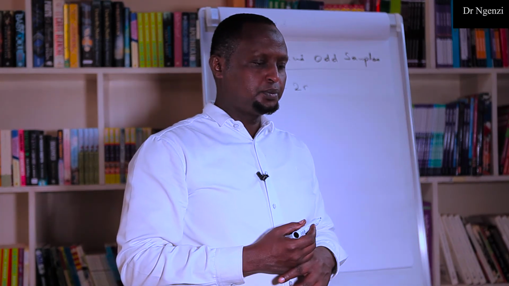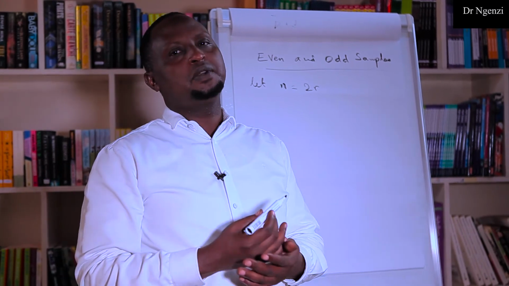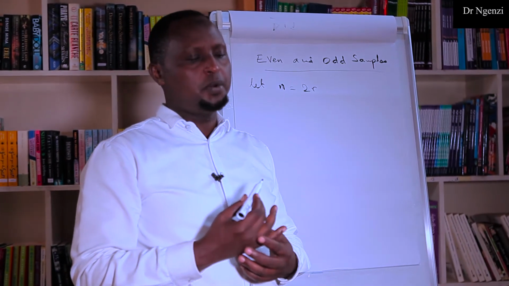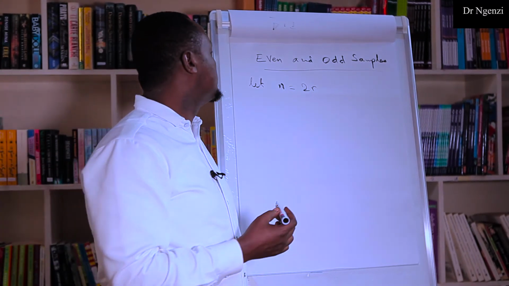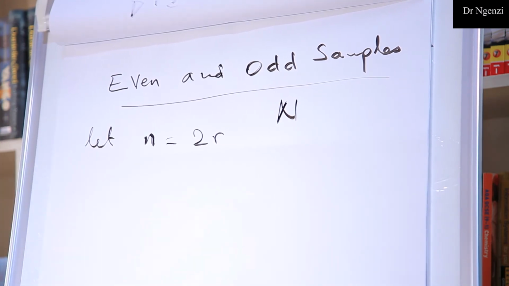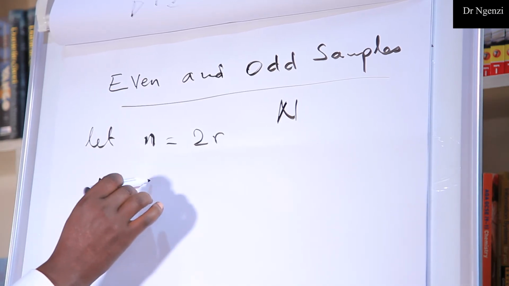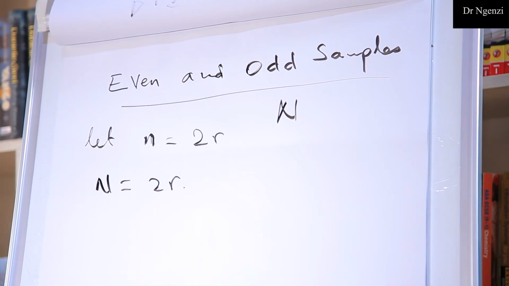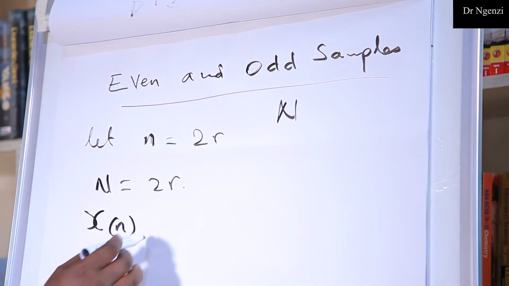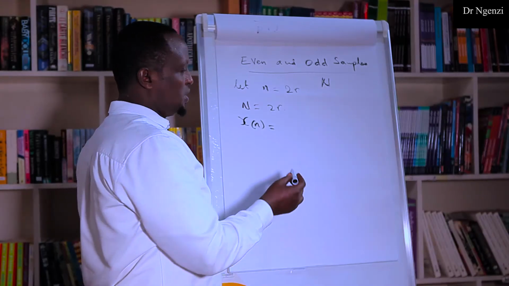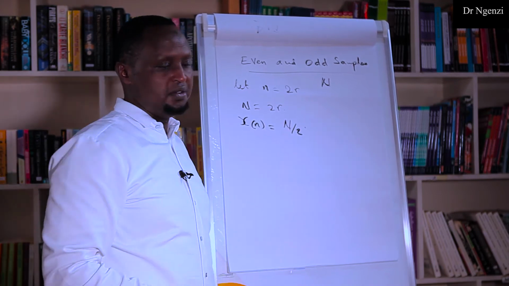Using the symmetry and periodicity properties, if you have a special case where N is an integer power of 2, having big N equal to 2r as I have mentioned, you can also put it in a separate way, having x of n, and reduce the length to N over 2, a half.